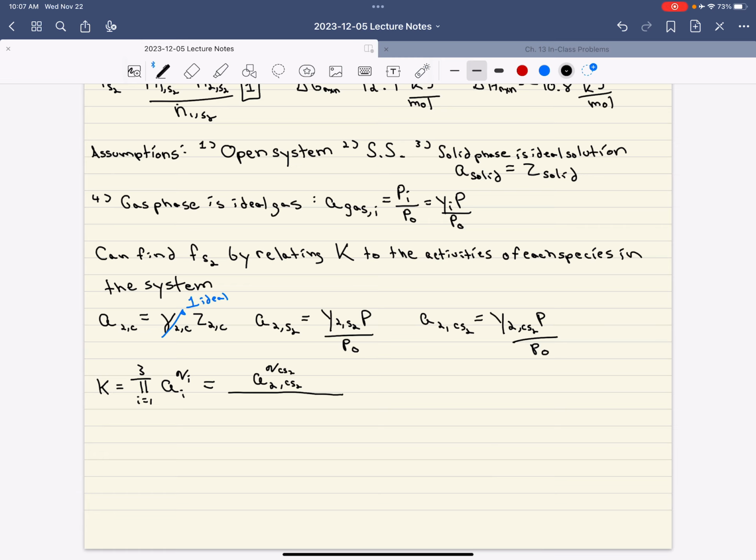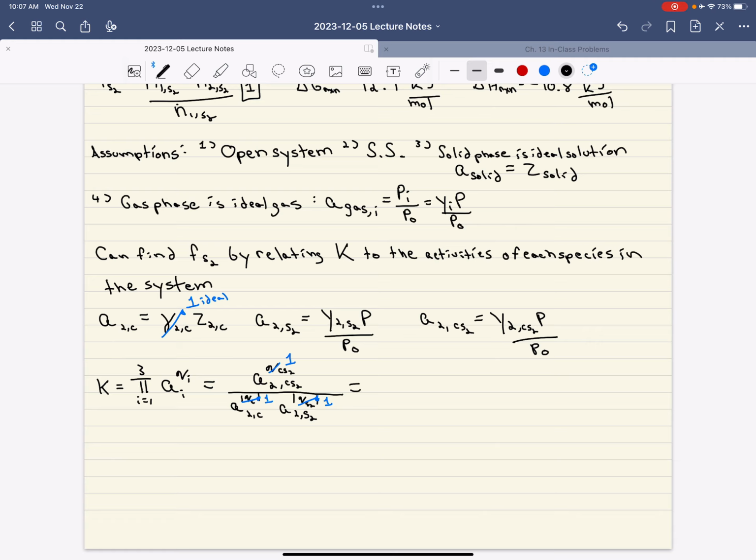CS2, so that's just 1. And for carbon and sulfur, because they have -1, theirs is going to end up on the bottom. And just to avoid confusion, I'll put the absolute magnitude symbol there. Okay. And so these are also 1.